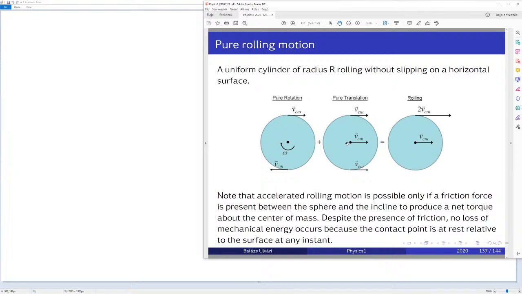If v equals R times omega, if this is pure rolling, the v of this point will be omega times R, and this is omega times R. If you use the same omega times R velocity, here you have also v that's omega times R. What does it mean?